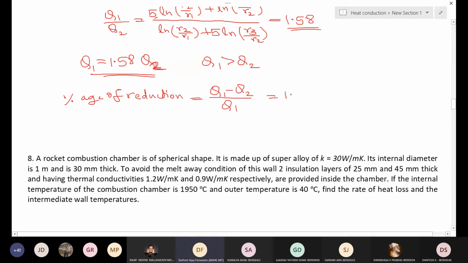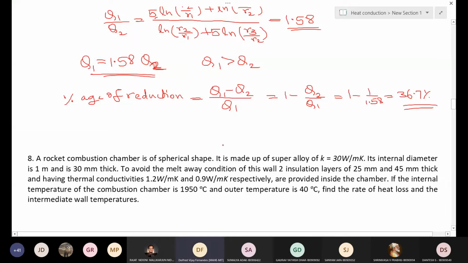So that will be 1 minus Q2 by Q1, or that is 1 by 1.58, because Q1 by Q2 is 1.58. So this will be 36.7%, or 0.367.